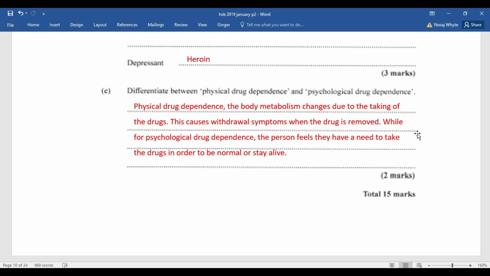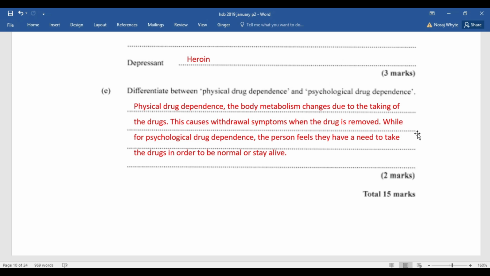No need to worry. So here we have physical drug dependency. The body metabolism changes due to the taking of the drugs. That is when we have physical drug dependency.